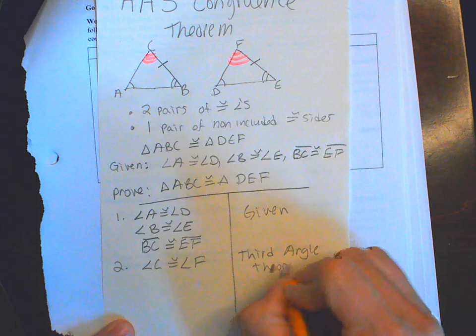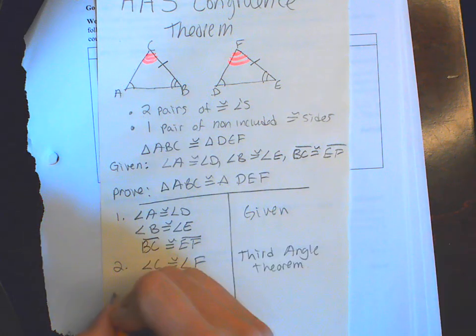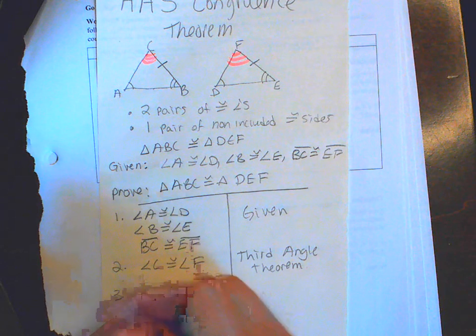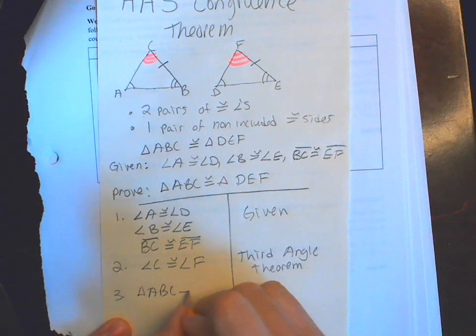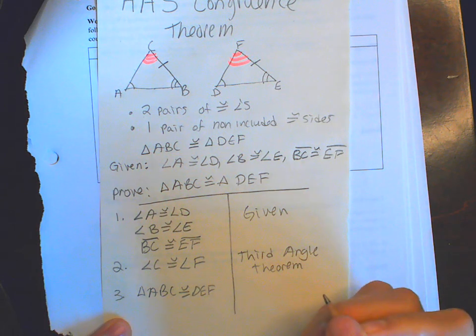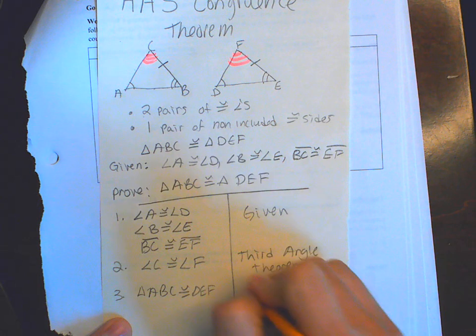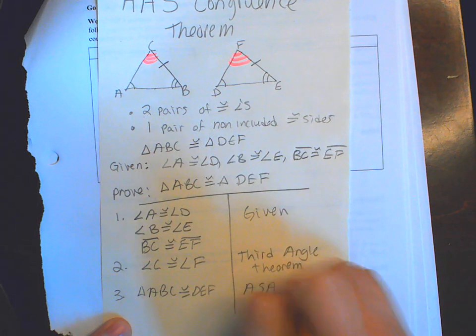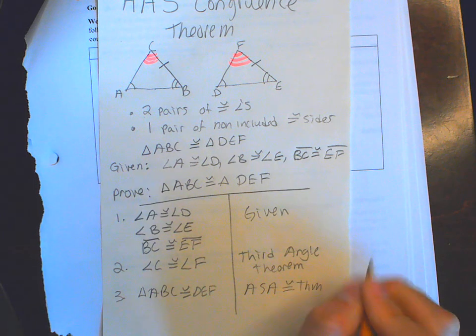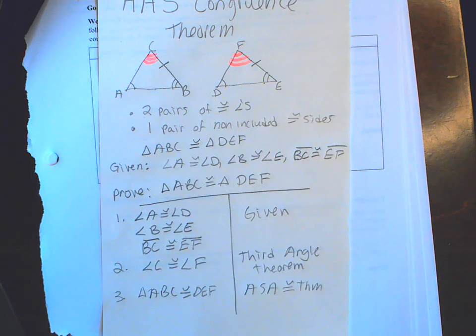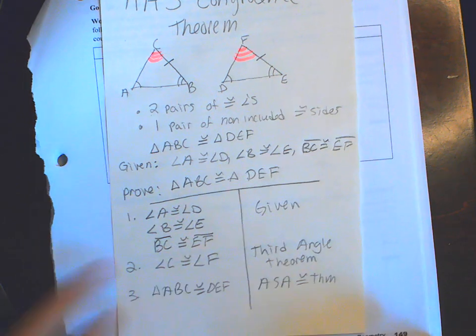If you don't remember that, look it up. Therefore, the two triangles ABC and DEF are going to be congruent because of the angle, side, angle congruence theorem. Okay, let's move on to the next page.